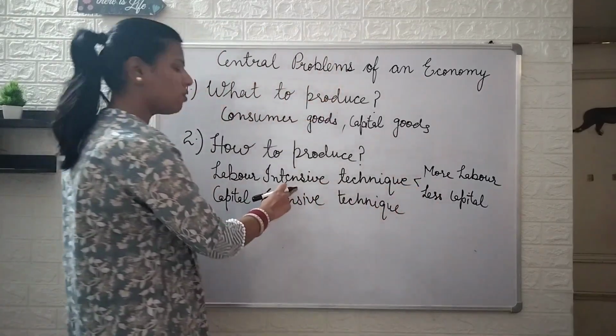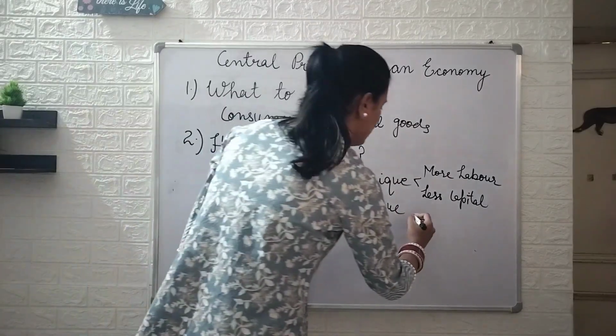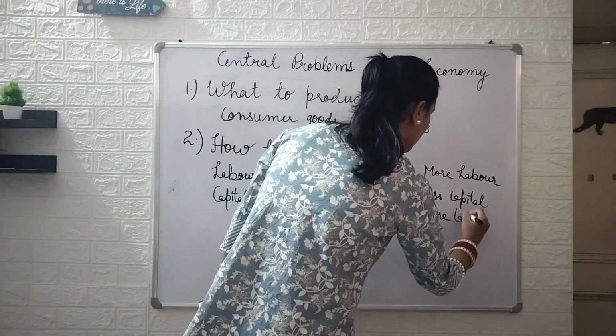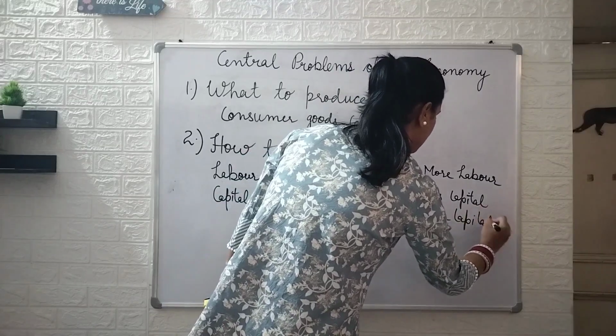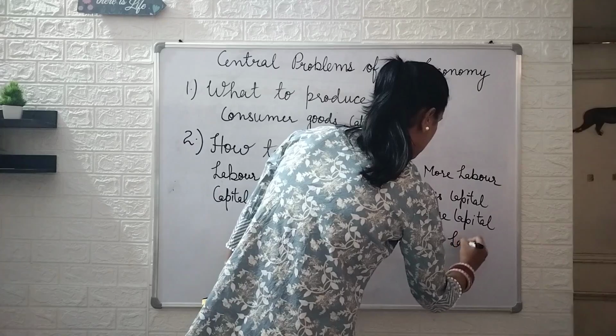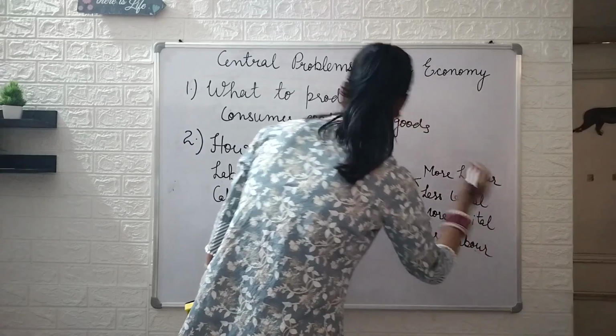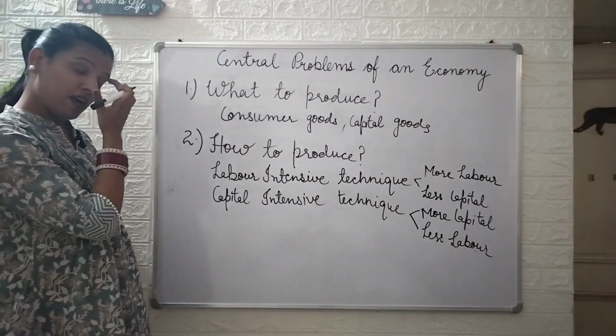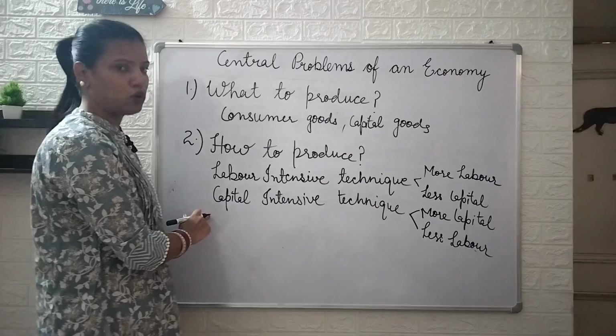It is totally opposite of labor intensive technique, in which we use more capital and less labor. This is also a central problem of an economy, that we have to choose between the technologies.